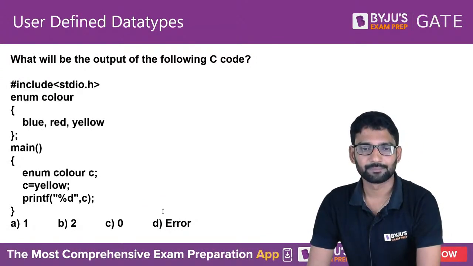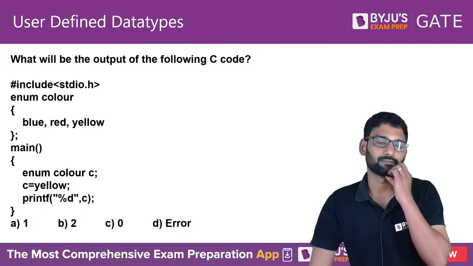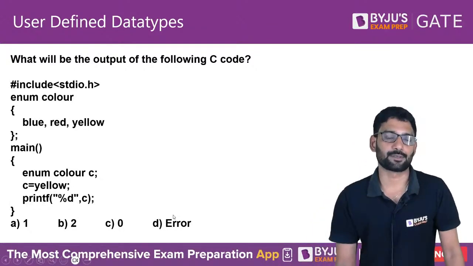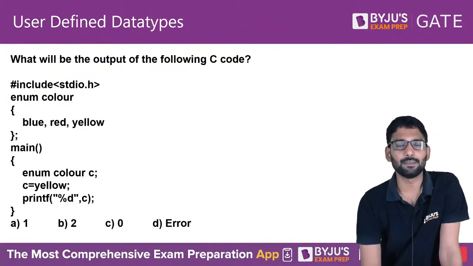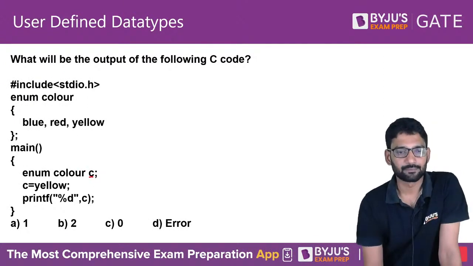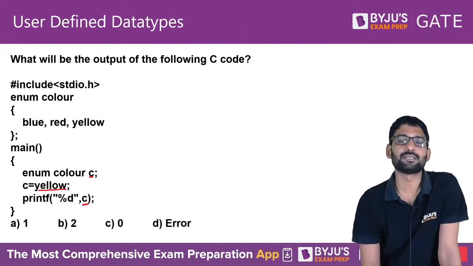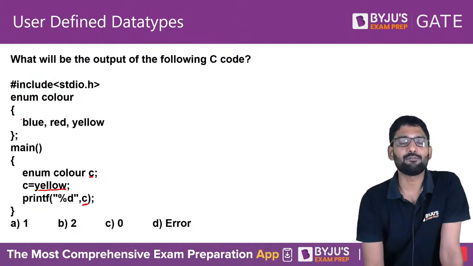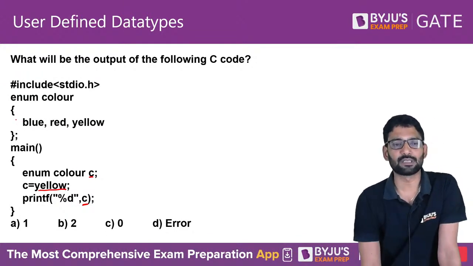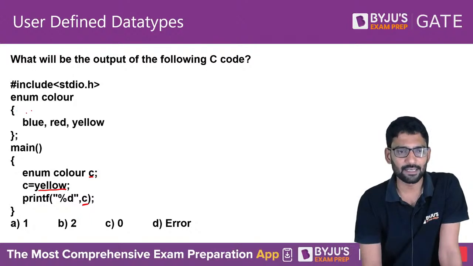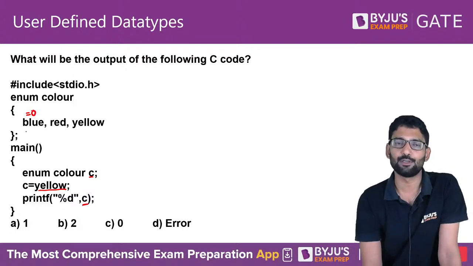Option B. Yes. Enum color C. C equal to yellow, and when you try to print this C, as you have not assigned any value for this first name, it automatically starts assigning from 0.